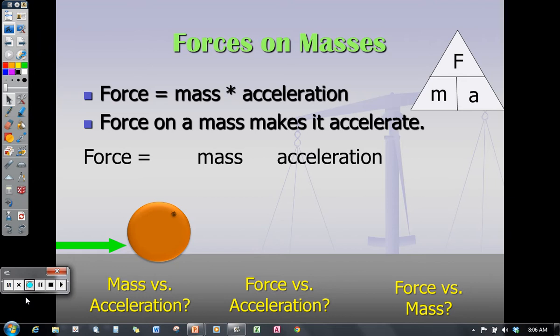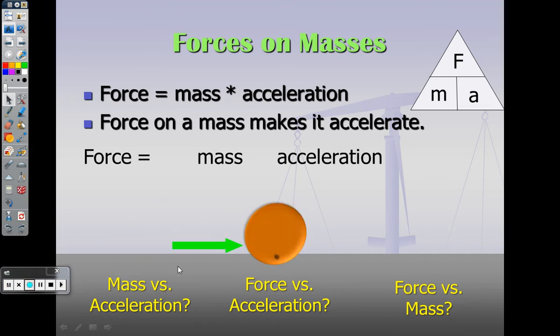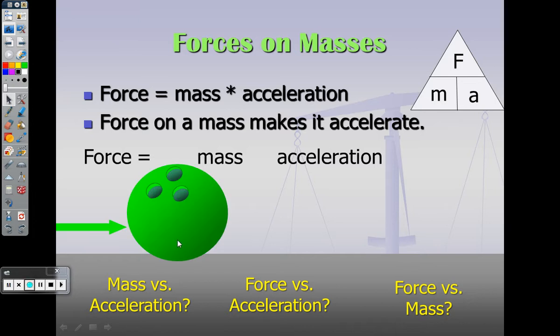Okay, so remember our equation's F equals ma, and we were talking about what happens when we change our variable. So we started off with our control here, and then we increased the mass, which, how did that affect the acceleration?